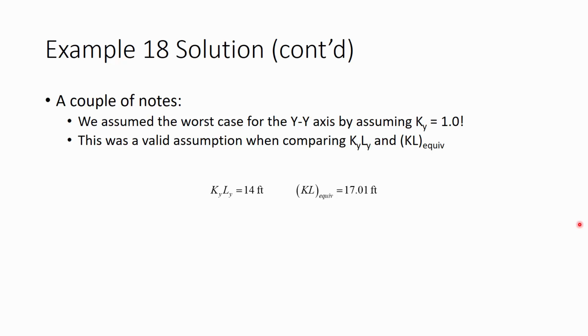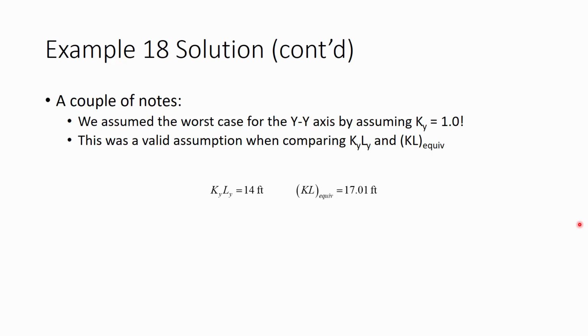So what we found with both of these trial sections is that the strong axis governed the capacity, and you will determine that if you go through the brute force method of using section E3 and the equations in the spec. You will find that the KL over r for the x-axis is going to be bigger than the KL over r for the y-axis, and the reason why is because just look at this.